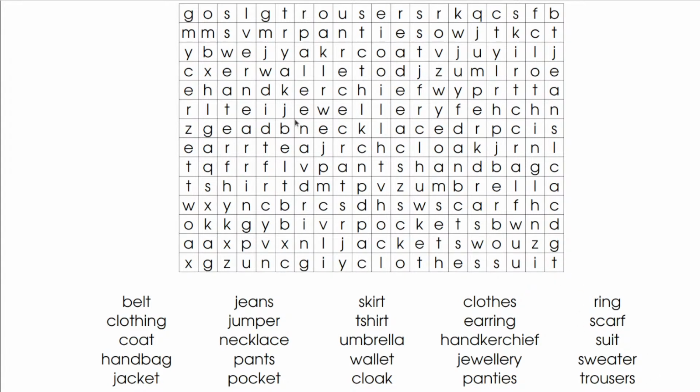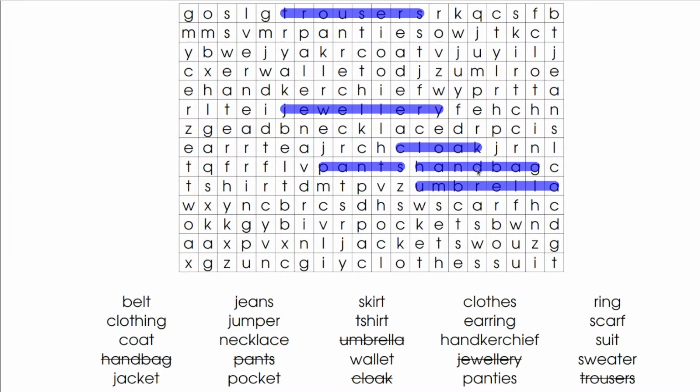So I can see jewelry smack in the middle here. Trousers and pants. We've got umbrella off to the side. Handbag. Cloak.